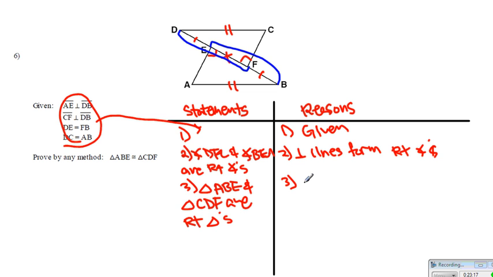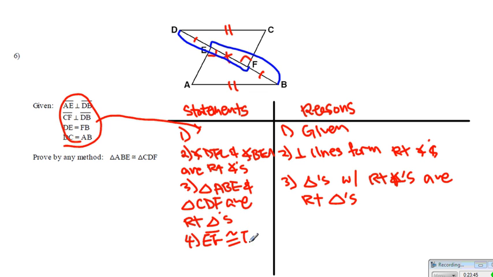The reason is because triangles with right angles are right triangles, simply. Alright, statement number 4. We have to use the reflexive property once again, EF. It's congruent to EF by reflexive property.